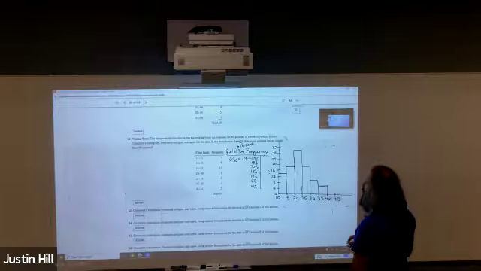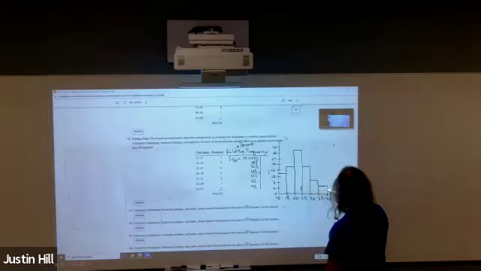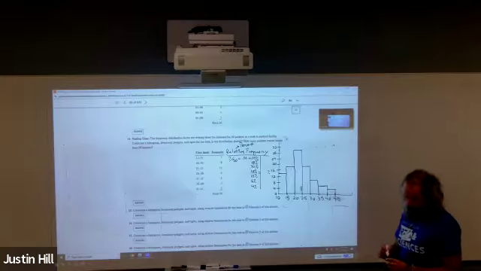Then 41 through 45 is at 4%, so right along this line there. There you go. That would be the histogram.